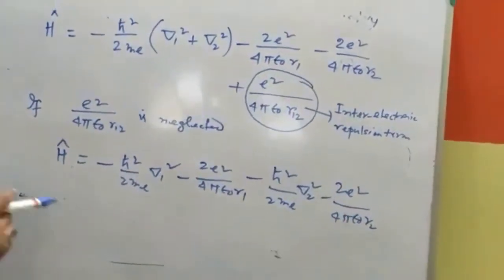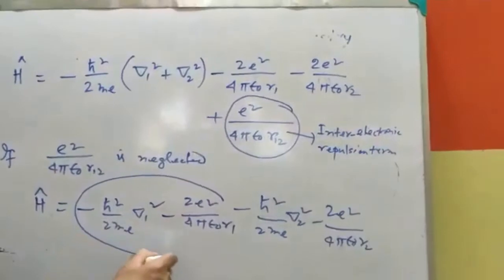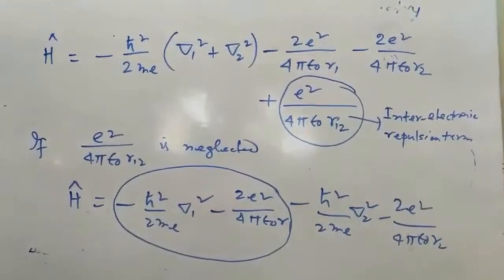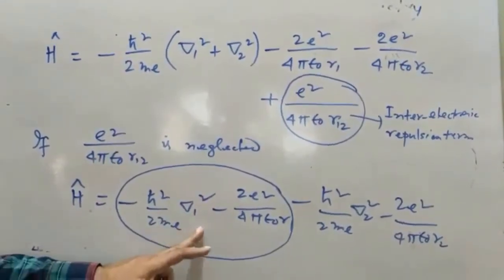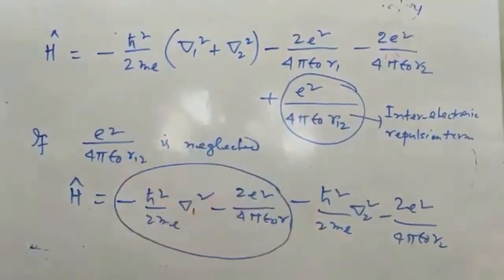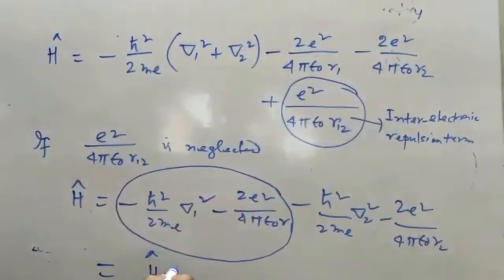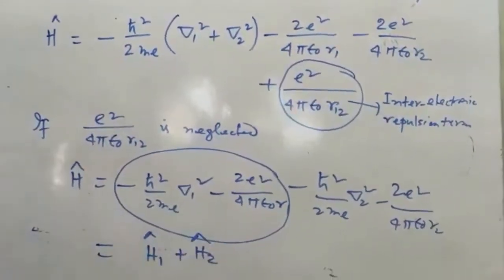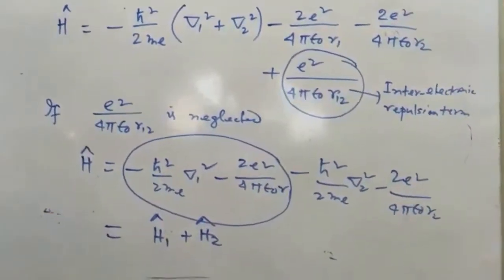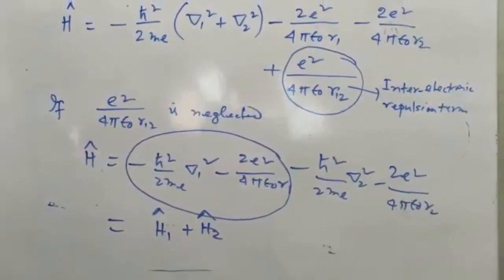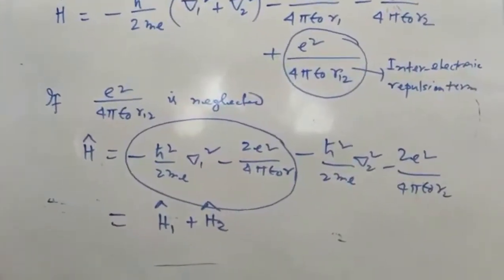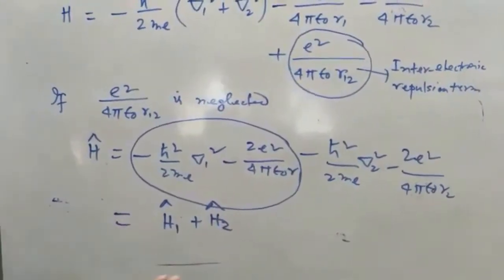So basically this is the hydrogenic atom-like Hamiltonian for electron 1, and this is for electron 2. So we can separately write this as H1 operator plus H2 operator. So if the inter-electronic repulsion term is not there, then the Hamiltonian of the helium atom system can be written as two separate one-electron Hamiltonians.